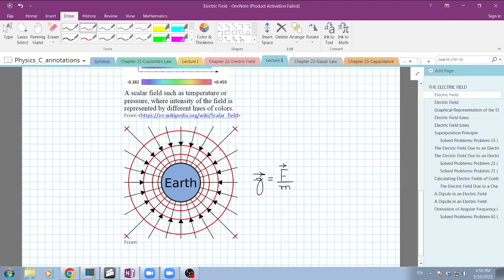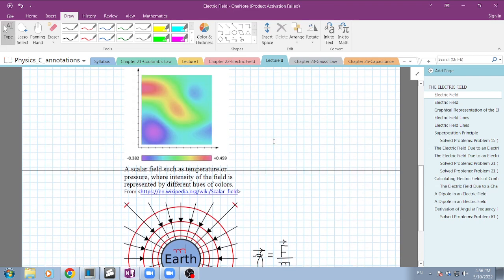Instead of just a number for each point of space, now you have a vector. You assign a vector for every single point in space around, like in this case here, the mass. We use this technique to calculate the gravitational attraction.